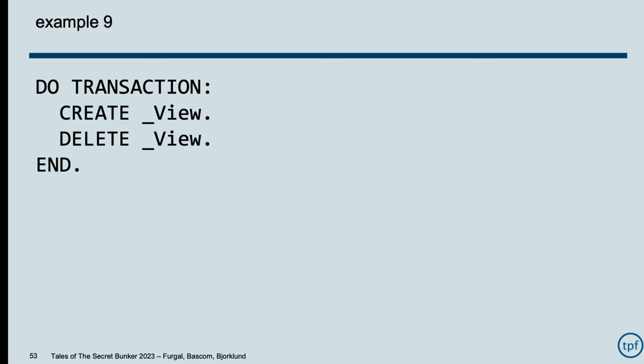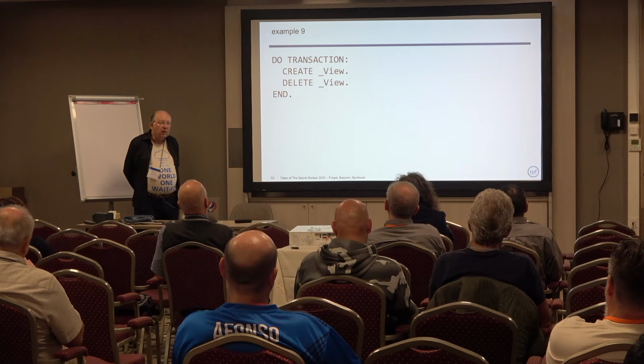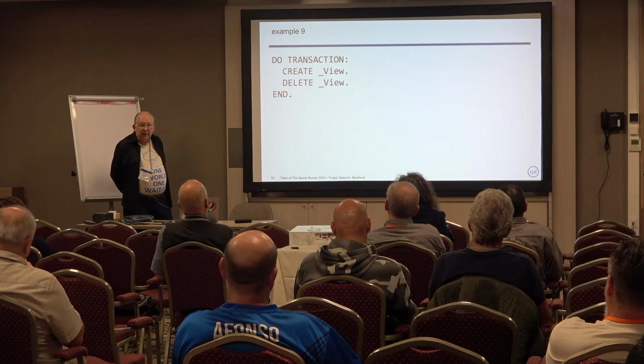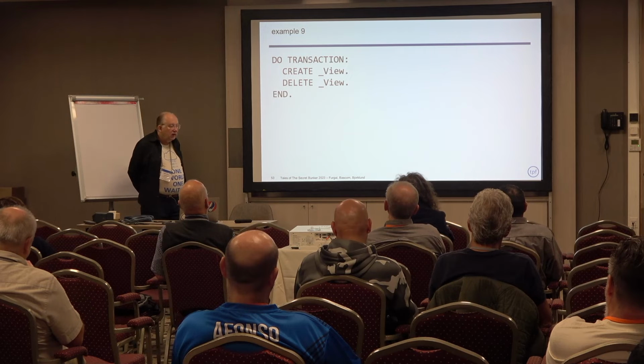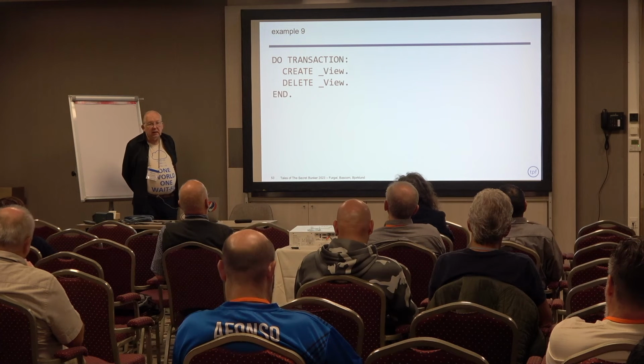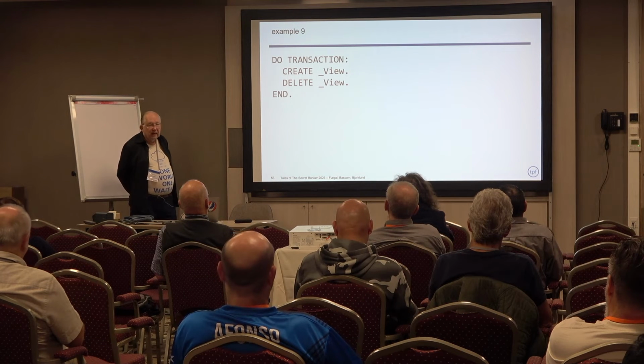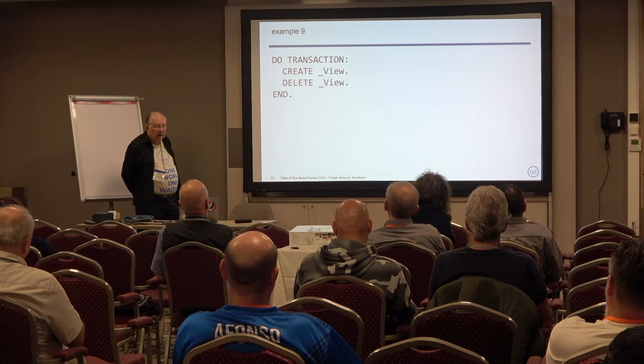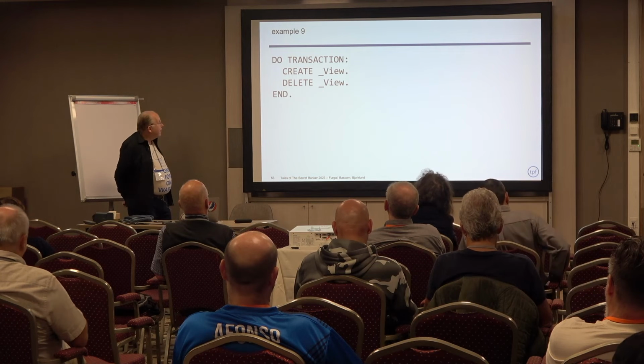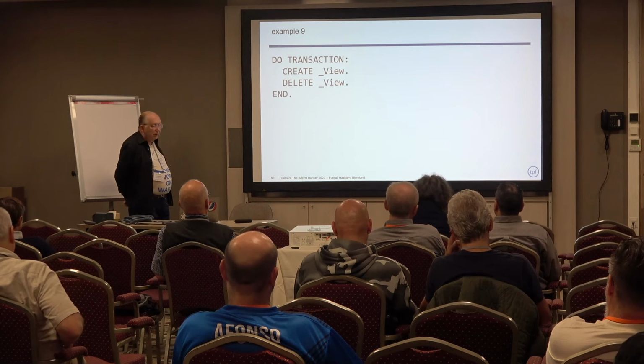Okay, so let's take a look at some other kinds of things. So the embedded SQL that you can use mixed in with the 4GL has the concept of views. So there's schema tables for creating views. So what happens if you do something with those?